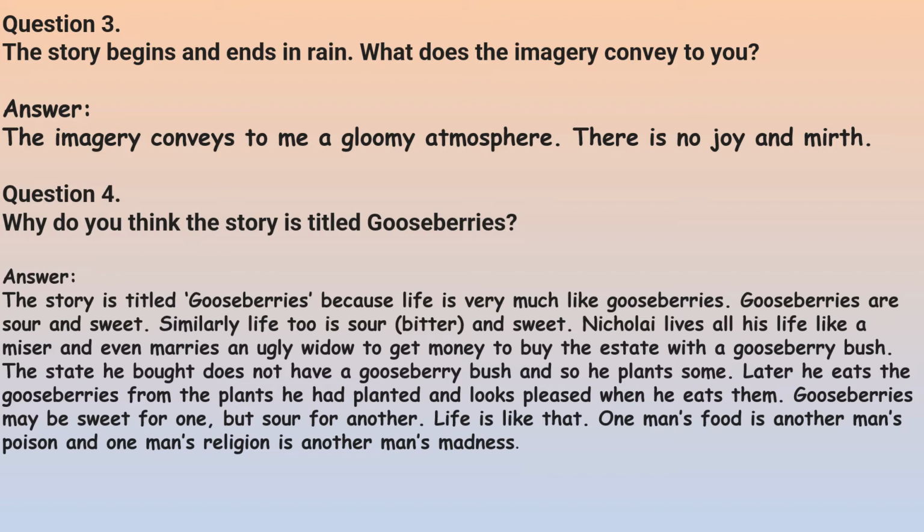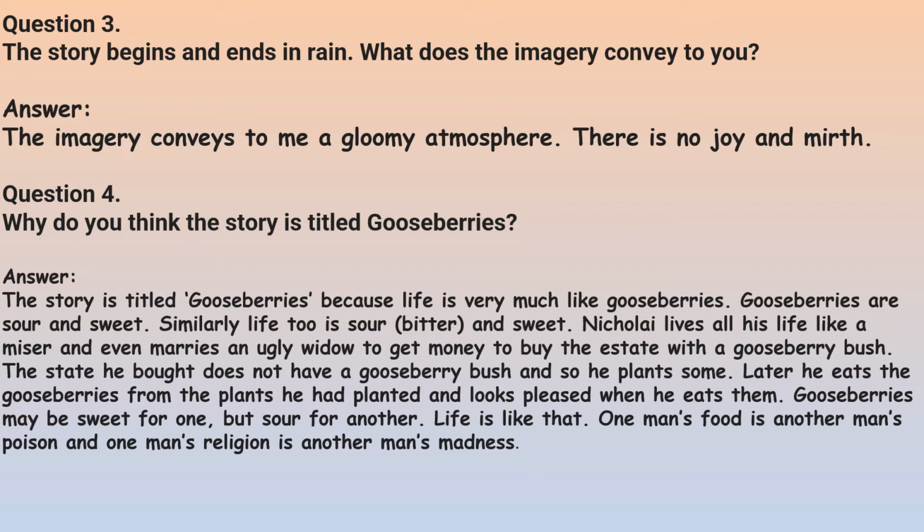Nikolai lives all his life like a miser, a person who is hesitant to spend money for necessary things, and even marries an ugly widow to get money to buy the estate with a gooseberry bush. The estate he bought does not have a gooseberry bush, and so he plants some gooseberry bushes.